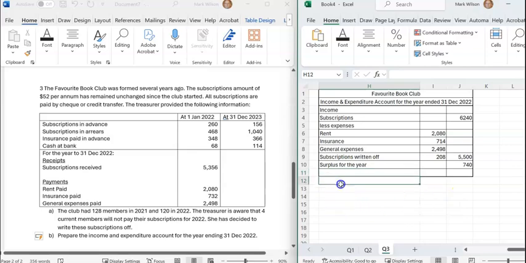So the next question that you've asked is, advise the treasurer whether she should fund the purchase of a computer by increasing subscription, justify by making points for and against. So that means you need to do at least 2 points for and at least 2 against in order to get your 5 marks here. So the first thing again, the treasurer is considering increasing the subscription amount in order to obtain funds to purchase computer equipment.